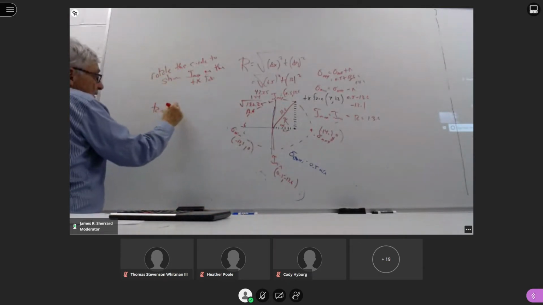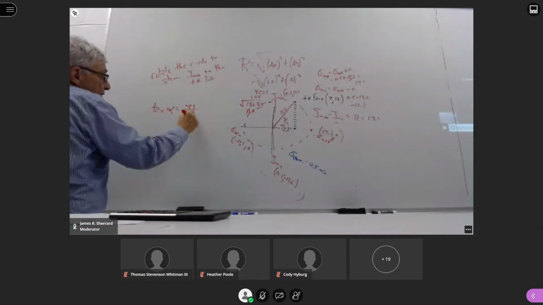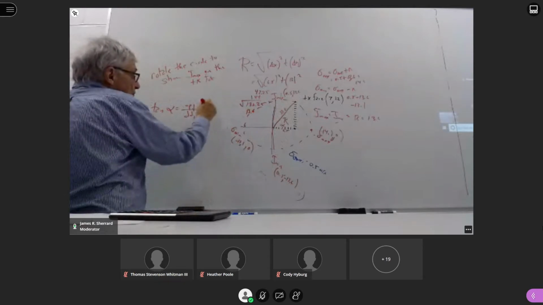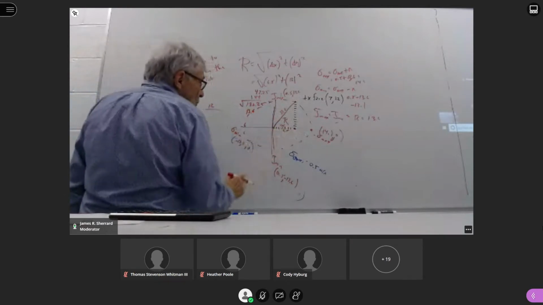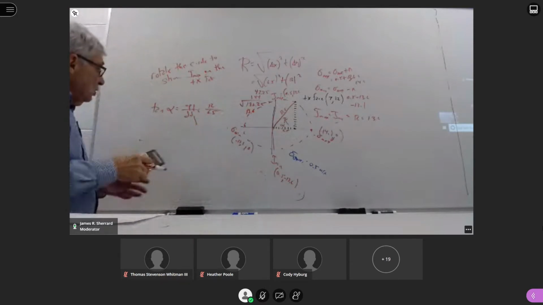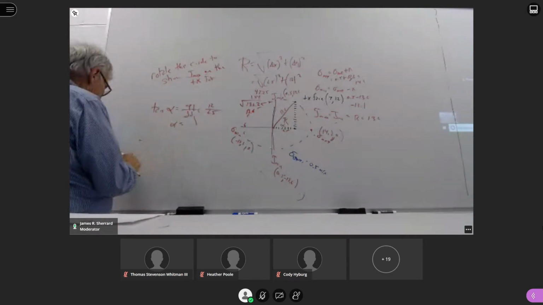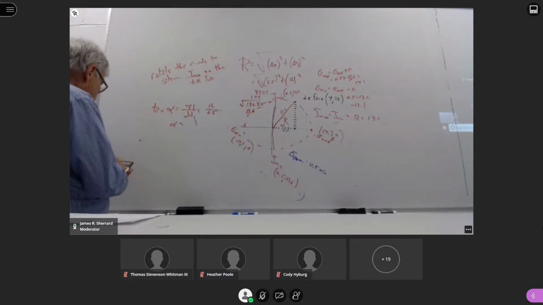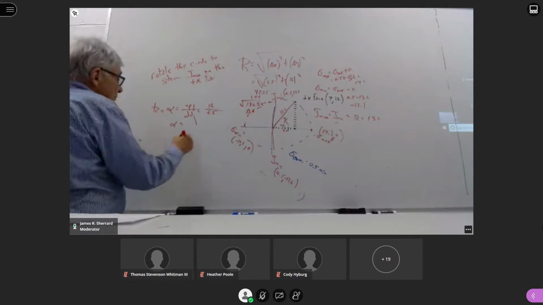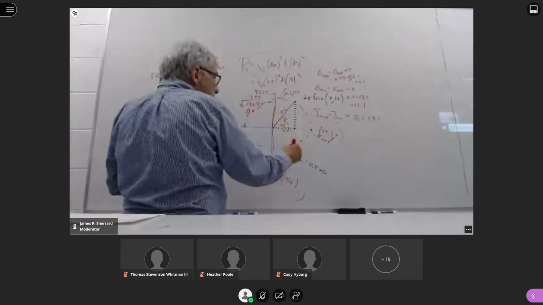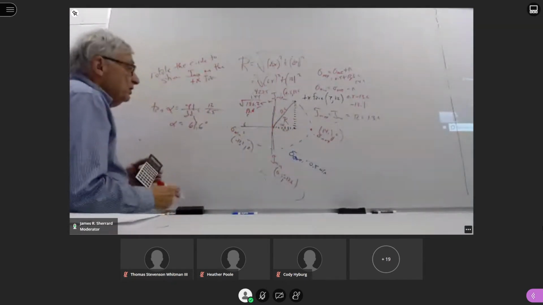So the tangent of alpha is equal to the opposite over the adjacent. The opposite is 12. The adjacent was 6.5. So I have alpha is equal to 61.6 degrees. So this angle here is 61.6 degrees.